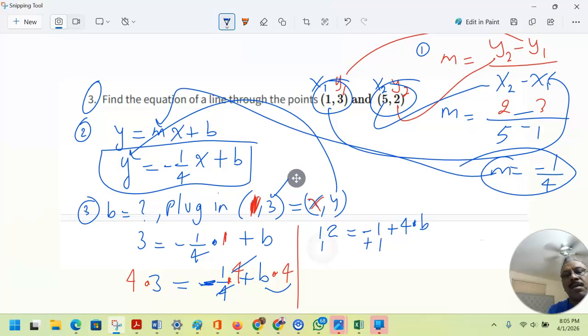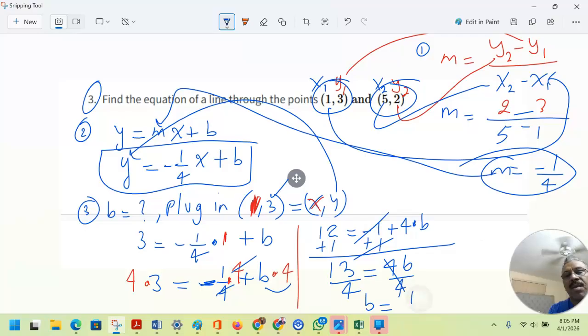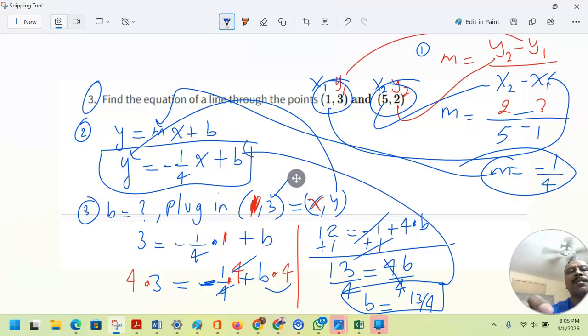Adding 1, you get 13, and this one and this one cross out, you get 4b, and then divide by 4. You get b equals, this 4 crosses out, 13 by 4. So the equation becomes, this is important, that's what you're going to plug in here.